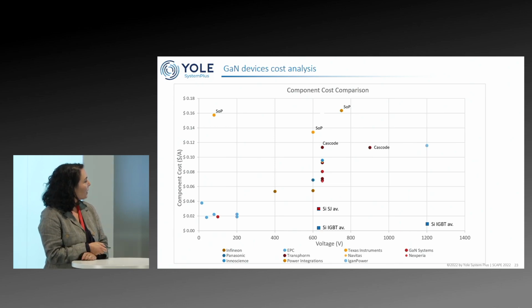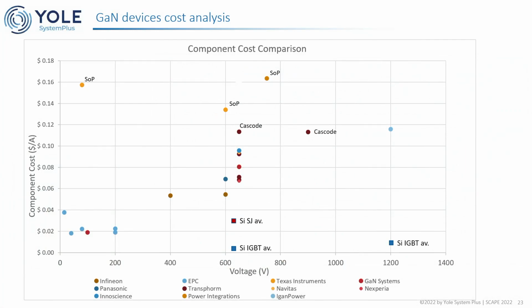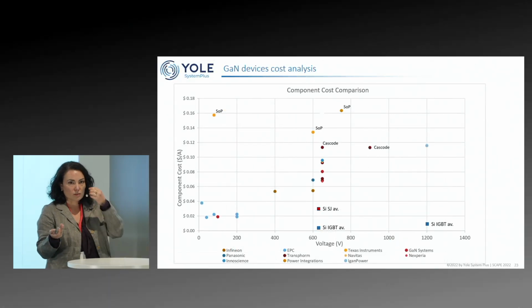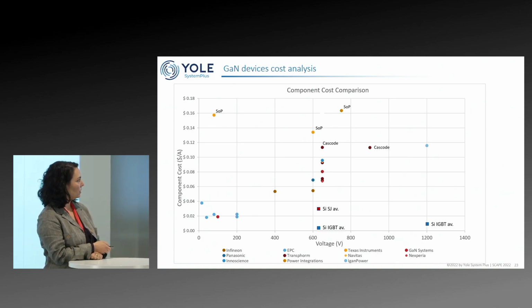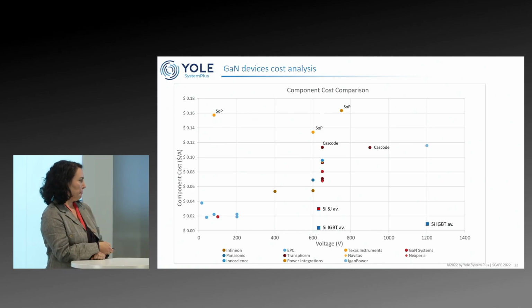Here is an example of cost, ampere cost per device per voltage. I highlight the different packaging, because you cannot really compare the cost of a discrete with the cost of a complete package solution, so system in packaging or a system on chip. And I wanted to put here the cost of silicon and superjunction, mainly at the same voltage. So that was my last slide.